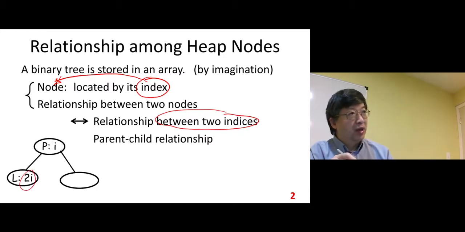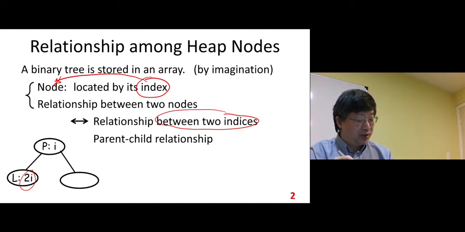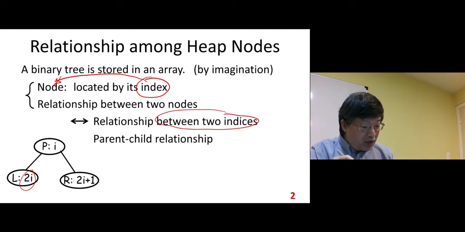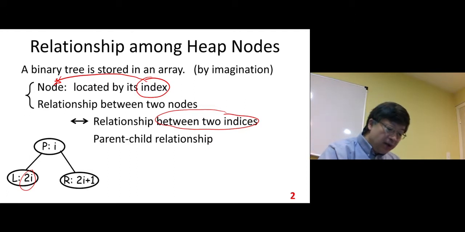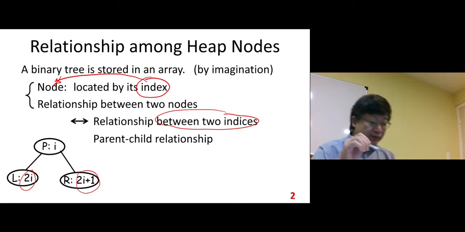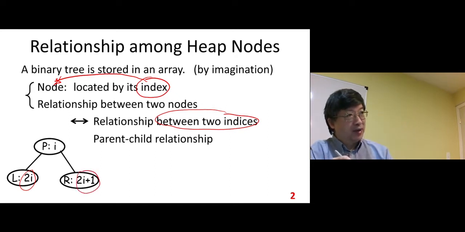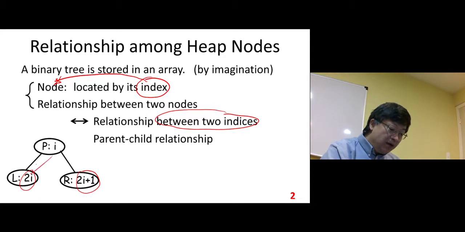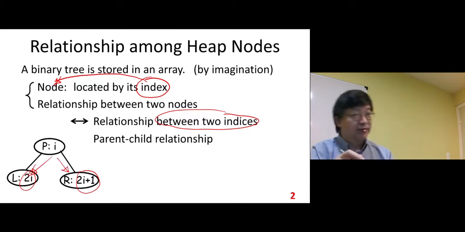That relationship, 2-to-1 ratio, I to 2i. For the right child, we make the index at 2i plus 1. So you can see this kind of simple relationship: I from I, left to 2i, right to 2i plus 1.